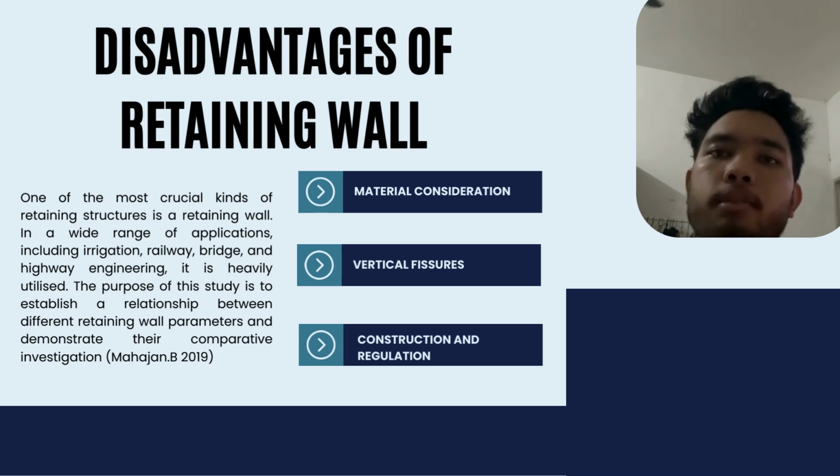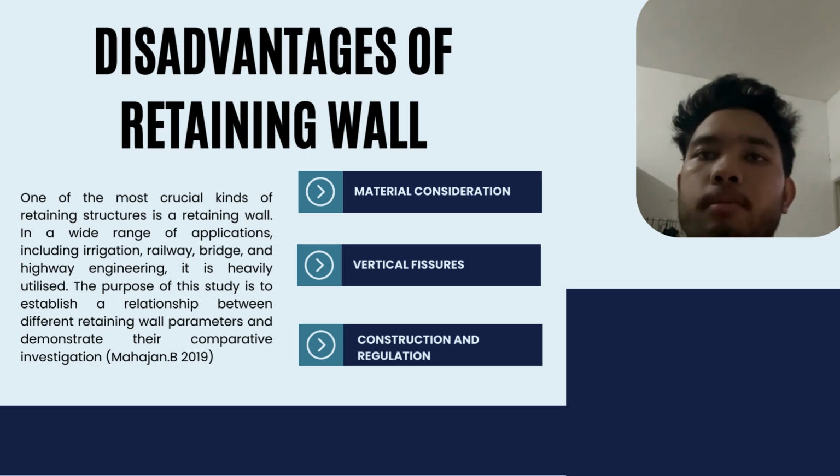Certain retaining walls experience vertical fissures in the concrete as a result of extreme pressure or temperature fluctuation. Certain types of retaining wall, like a brick wall, are not able to endure high soil pressure, which can lead to foundation failure or brick breakage.